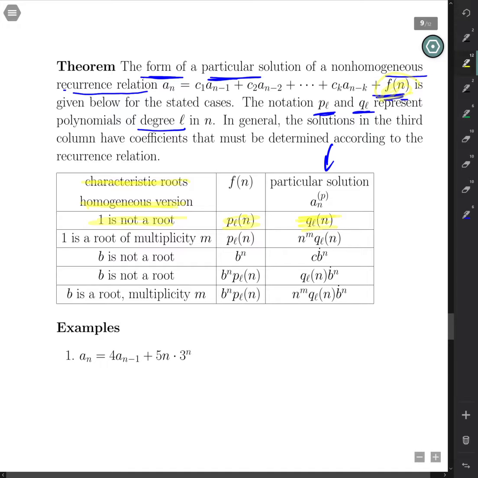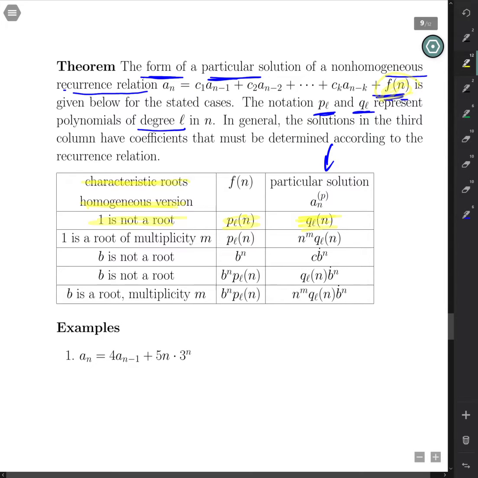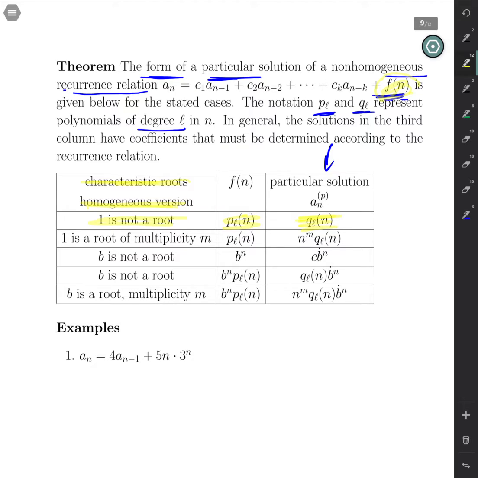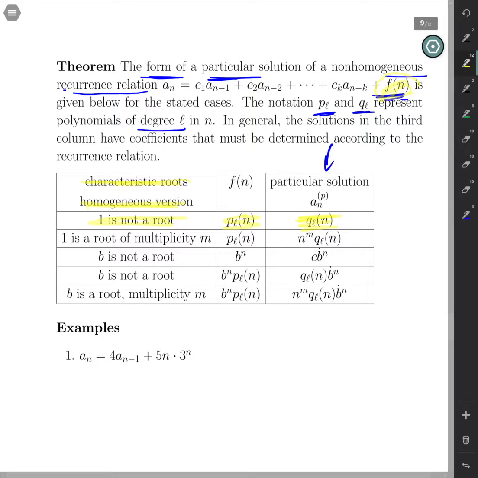Right? So that's what that means. It'll be a different one. That's why I'm using a q there instead of a p. So a polynomial of degree L in n, you use a polynomial of degree L in n as well for your particular solution, where all the coefficients, degree L would have L plus 1 different coefficients, have to be determined by using the equation to see what those would be, using the recurrence relation. That's if one is not a root.